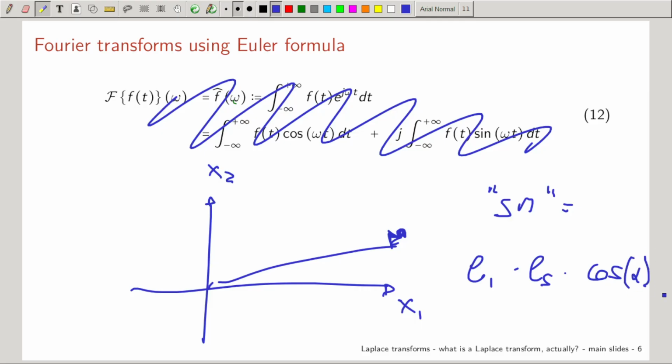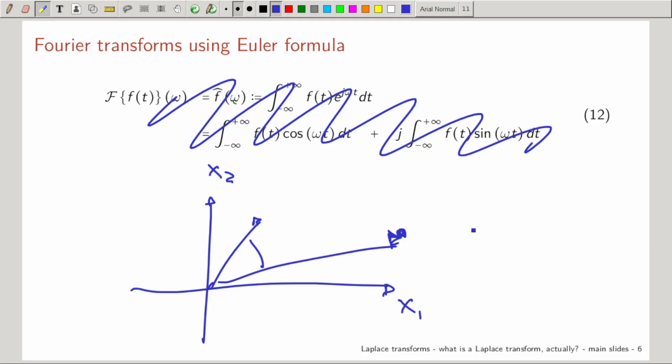You see that in a certain sense, the length of the vectors matters, but also the angle among the vectors matters. True? This is, let's call it A1, A2, and this B1, B2.